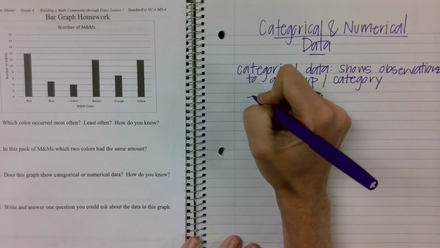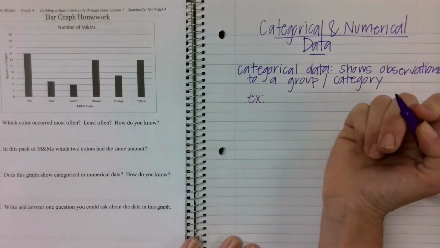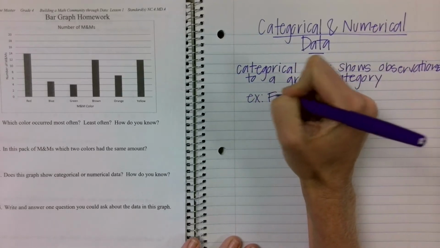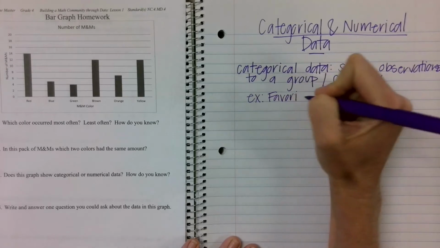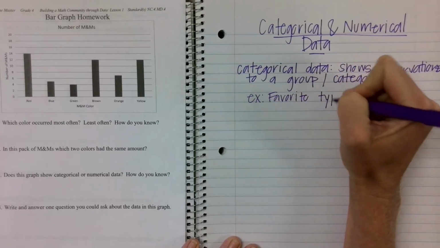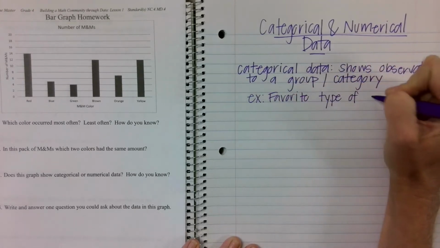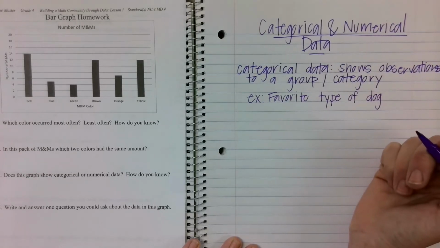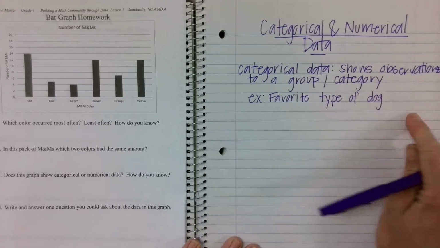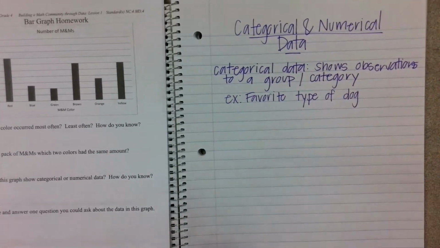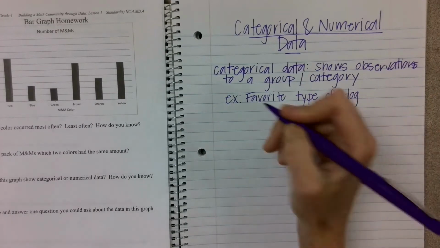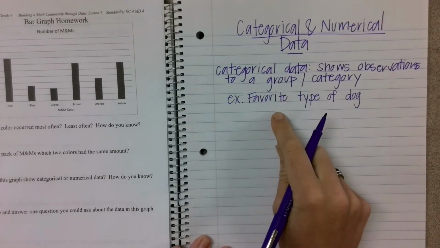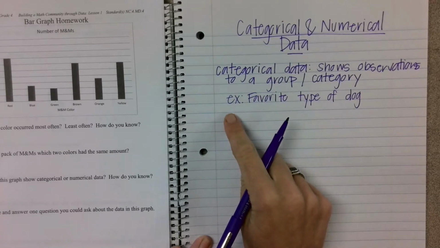So examples would be favorite type of dog, favorite type of cat, favorite type of food. So all those things that I've just explained are not a number.